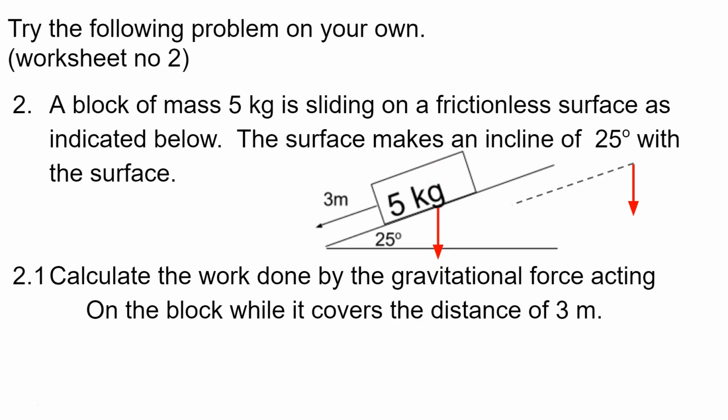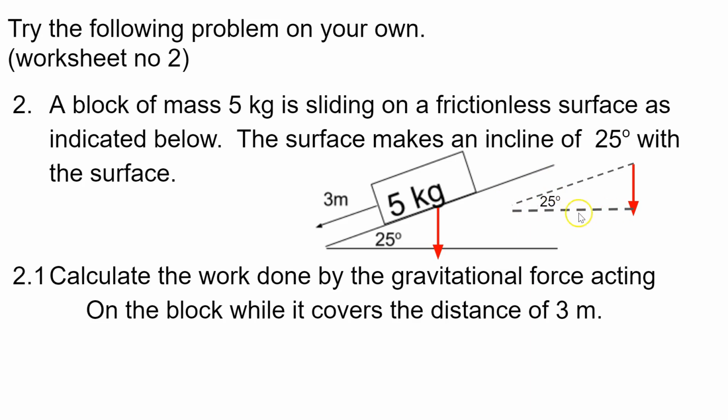For that, we're going to use a little bit of maths. Okay, we need to find this angle. The direction in which this block is moving is parallel to the incline, and we know the angle between the incline and the horizontal is 25 degrees.